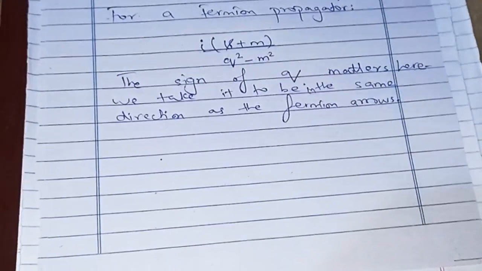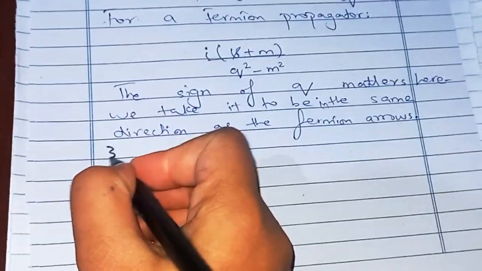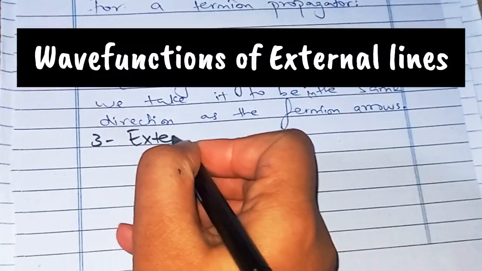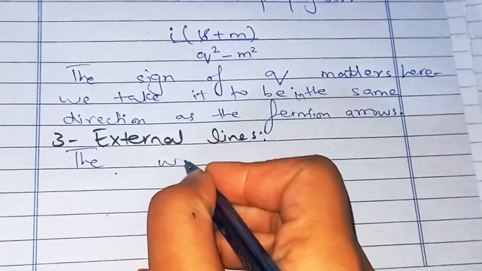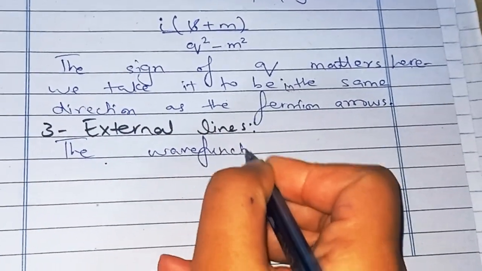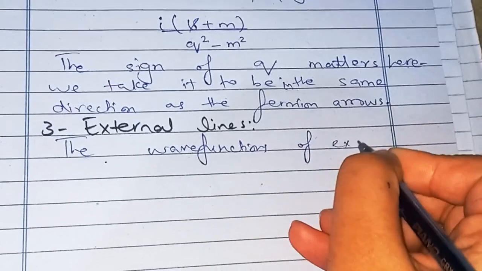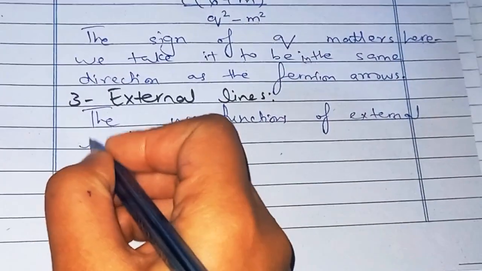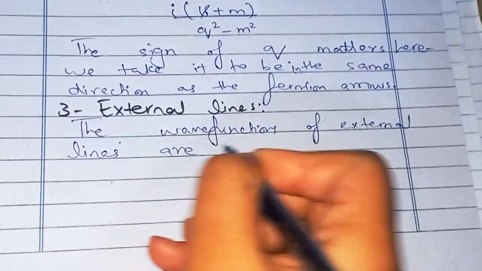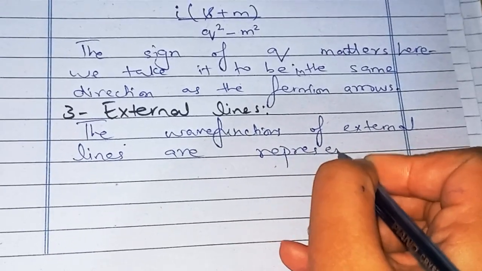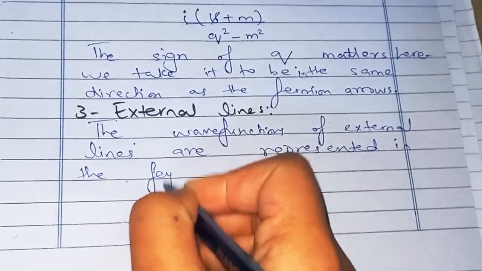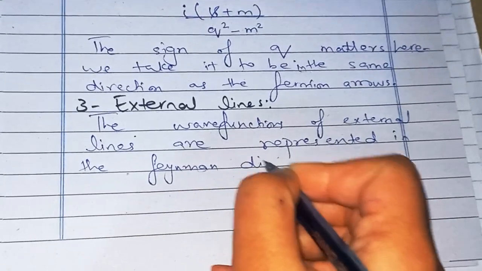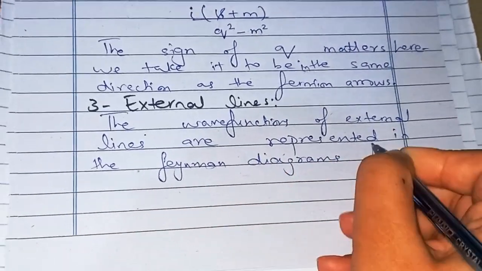Now the third thing is the external lines. The wave functions of external lines are represented in the Feynman diagrams, Figure 1 and 2.